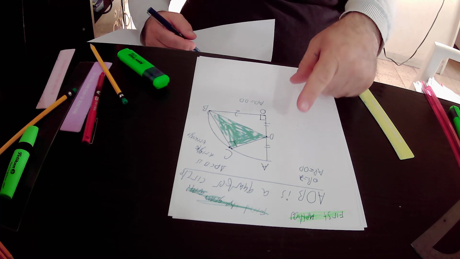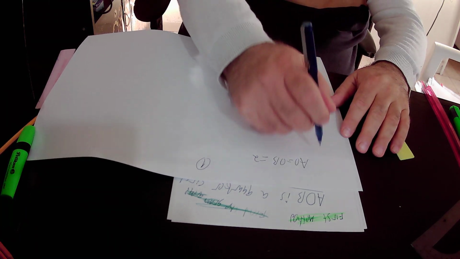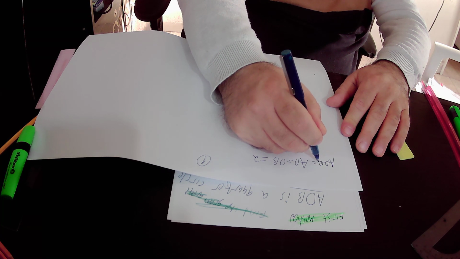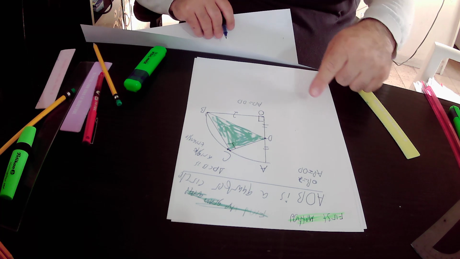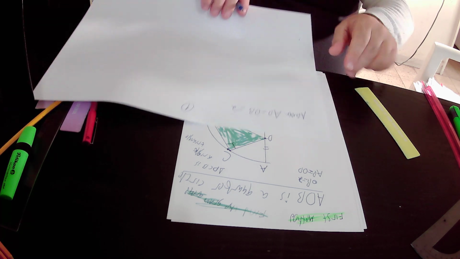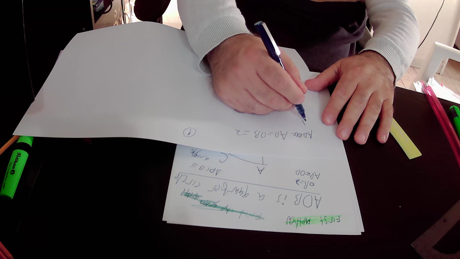But we know that AO equals AD plus DO. So we can write down that AO equals AD plus DO. We define AD as X. If AD equals X, then DO also equals X, because they are equal to each other.